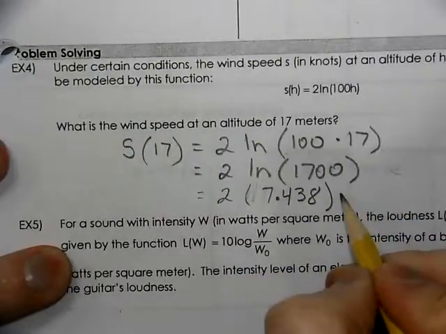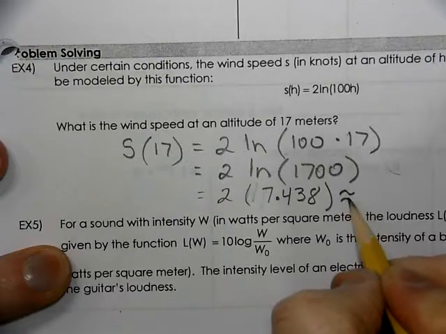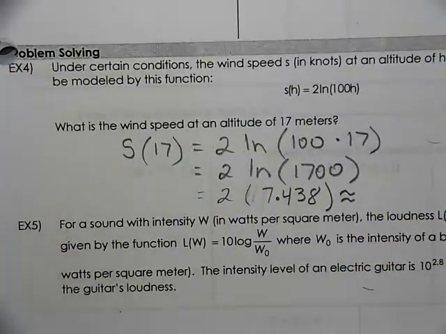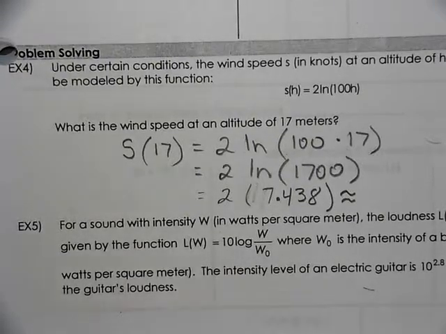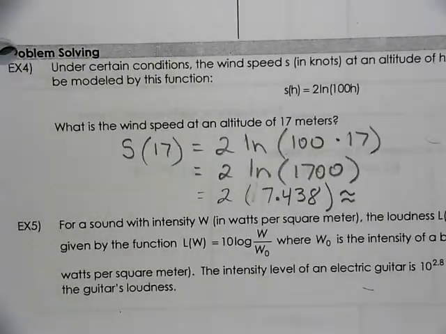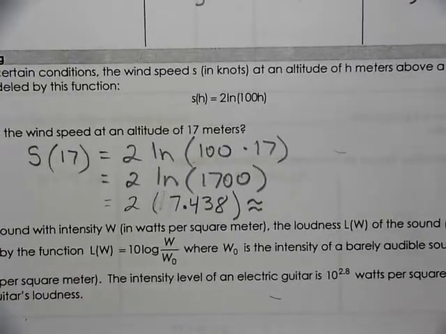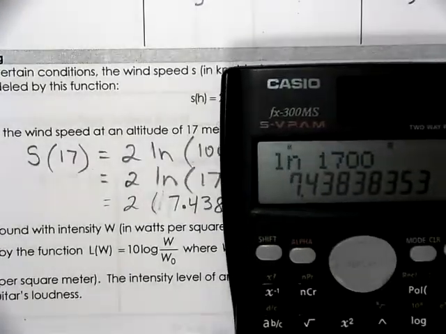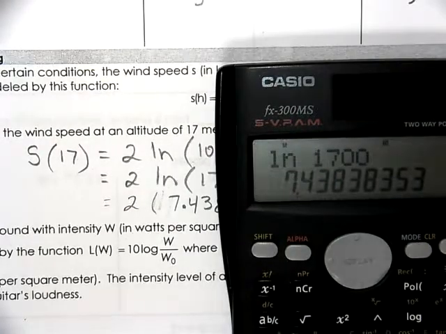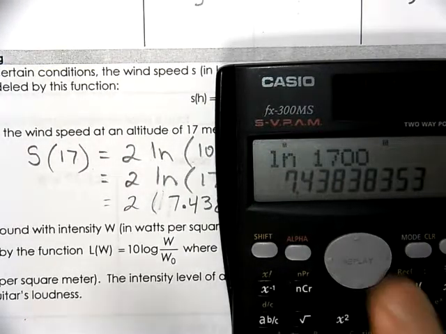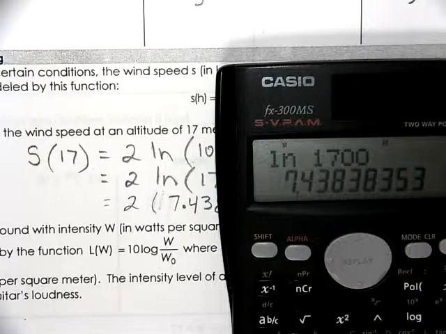Now, for you to calculate this, you do not want to use the rounded number 7.438. You want to use the real answer that's in your calculator. Don't use rounded work to get your answer. So we're going to take the real answer here and say 2 times the answer.